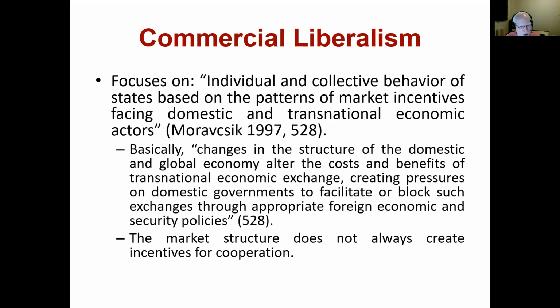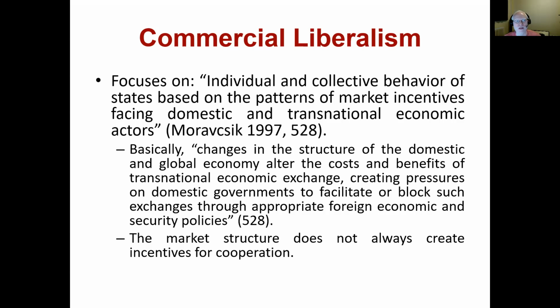Market structure doesn't always create incentives for cooperation, right? There's often been this assumption with commercial liberalism that there's always going to be pressure for increased cooperation, with the assumption that there's going to be dominance of, say, free trade, open economy type pressures. But that's not necessarily the case, right? There are going to be some changes in economic structure or market structure that create opportunities for cooperation. There are also going to be some changes that create discord, right?